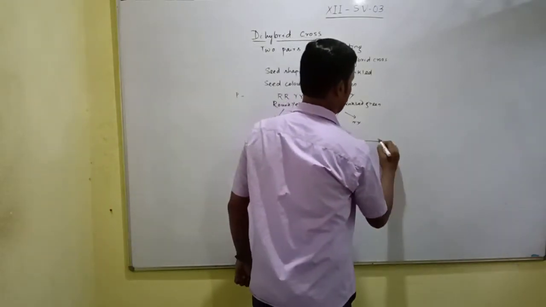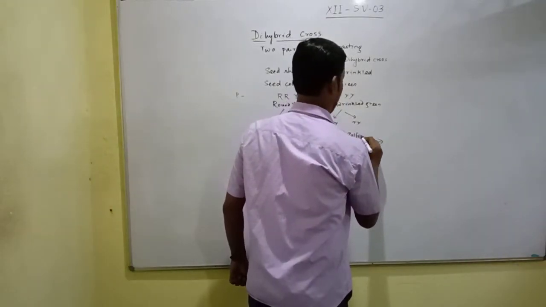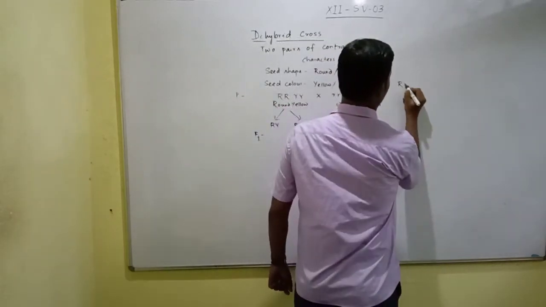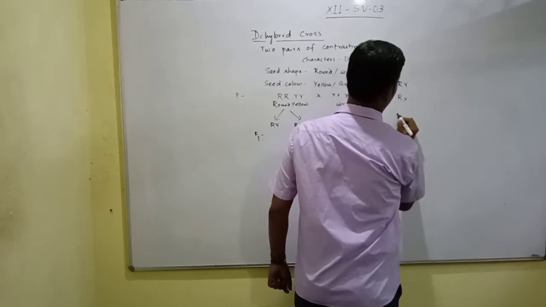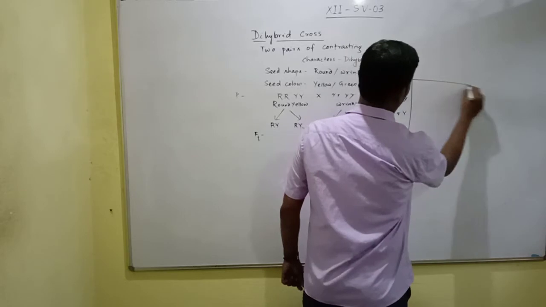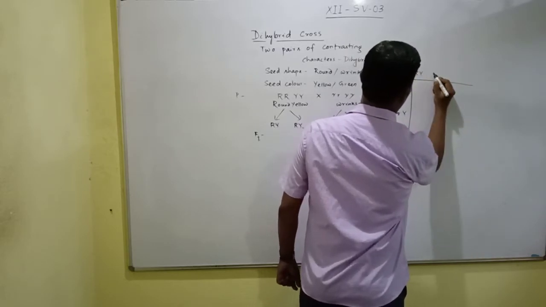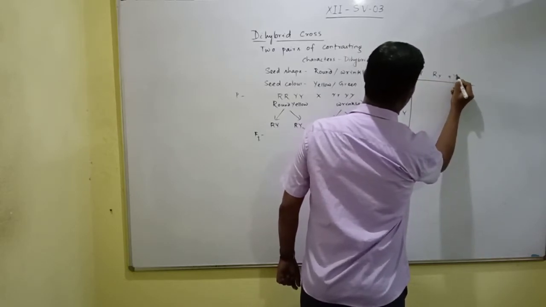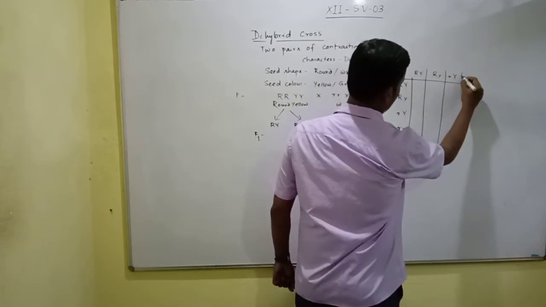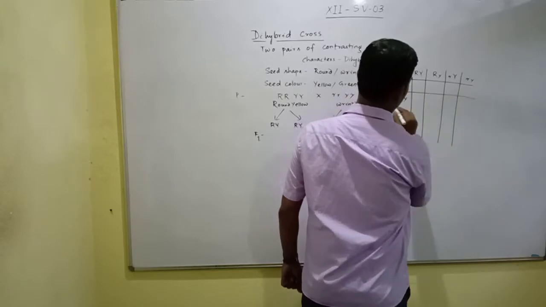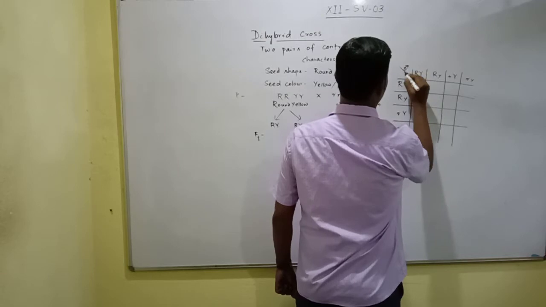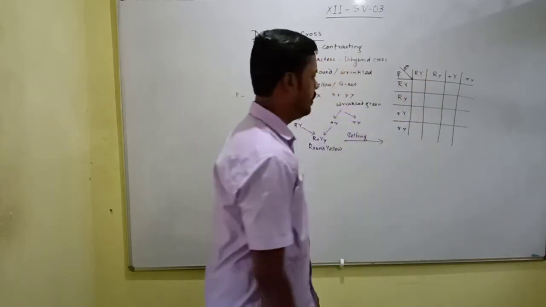Now we will perform the selfing of the F1 generation, producing 4 gametes. Identical gametes, as it is selfing. This will be for male and this will be for female.